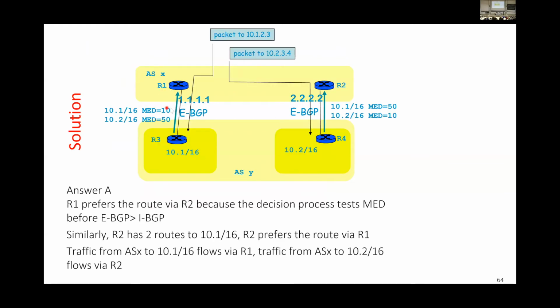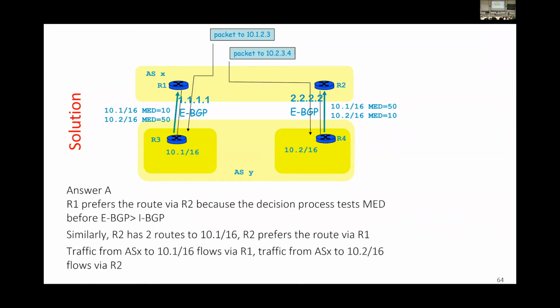R1 has two routes to 10.2, this one and that one, and the decision process, unless you tweak it differently, but in all software that we have experience with, tests MED before the test whether eBGP is better than iBGP. So of those two routes here, one is learned via iBGP, the other one by eBGP, but the MED field will give priority to this route.